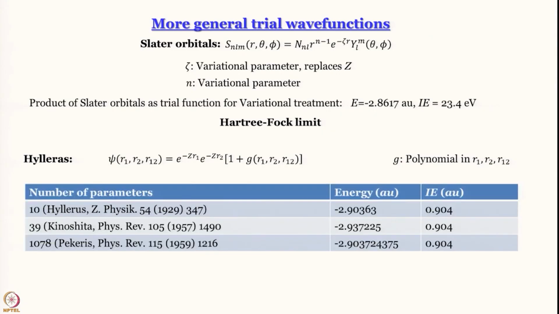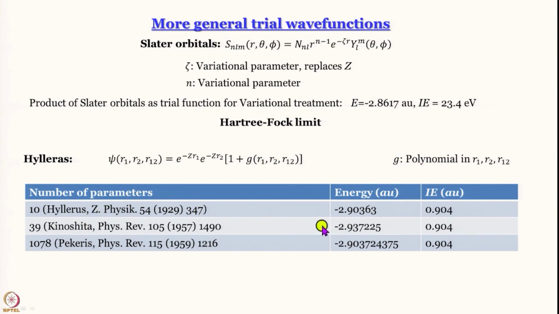So, as you see, as computational power grew from 1929 to 1957 to 1959, this was the timeline I was talking about earlier, Hylleraas used 10 terms, he could use only 10, right. I do not know what kind of computer Hylleraas had, if at all, perhaps he did everything by hand.